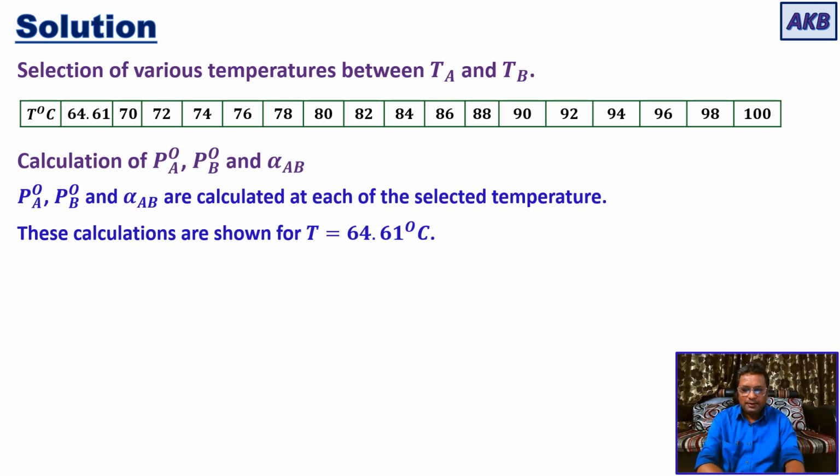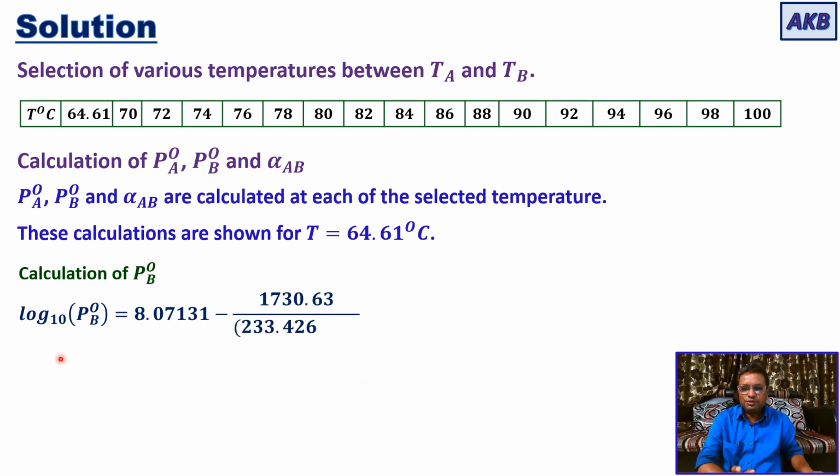Okay. Then similarly, we will be calculating the vapor pressure of B, that is PB naught. For that we will be using the Antoine equation for B, which is log to the base 10 of PB naught is equal to 8.07131 minus 1730.63 divided by 233.426 plus T. The next task is we will just use T as 64.61 degrees Celsius.